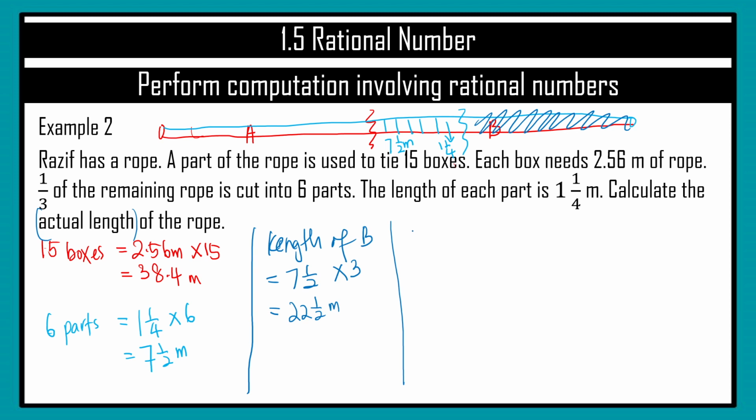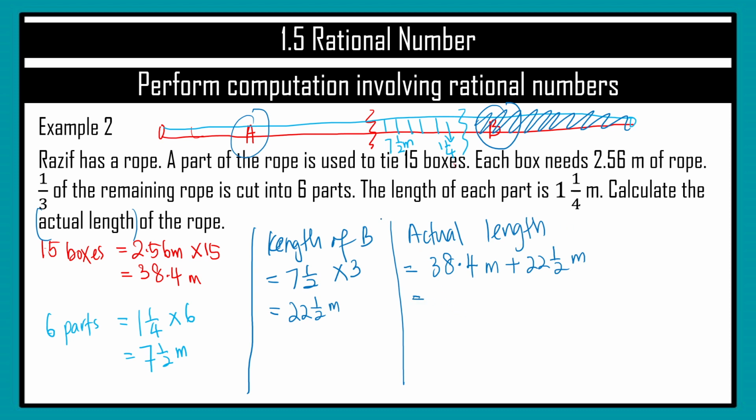So the question says, what is the actual length, which is the original length before it was being used. So the actual length means I need to total up the A part of the rope plus the B part of the rope. The A part of the rope, we already know that it is 38.4 meter, and the part B of the rope is 22.5 meter.